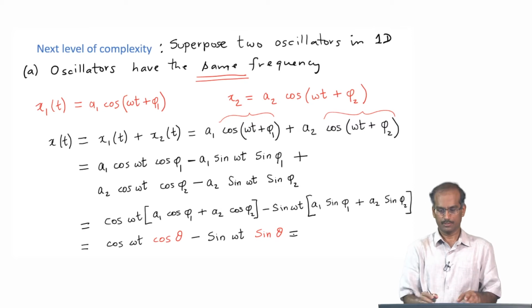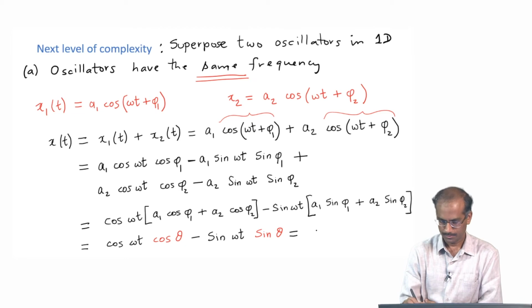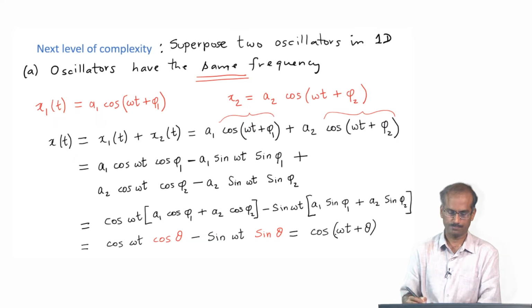In this case, this is again another expression for cos(A plus B). So, I could write it as cos(omega t plus theta).